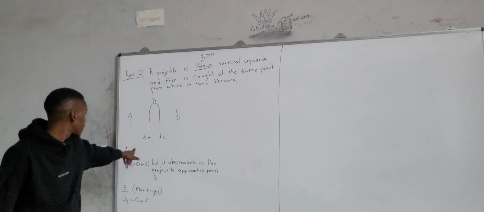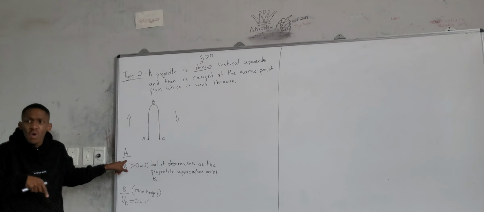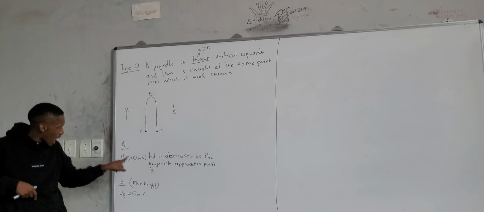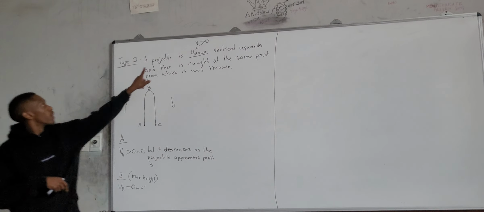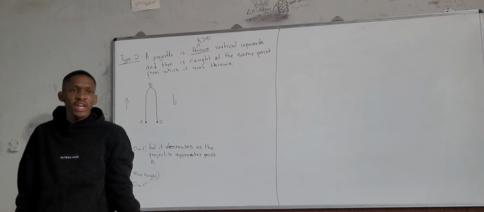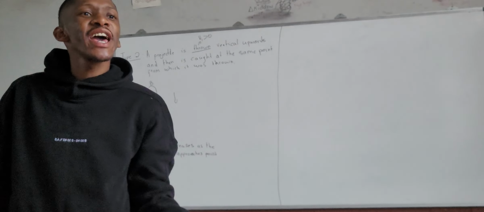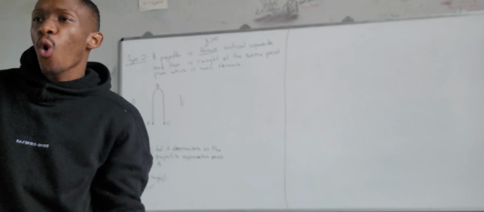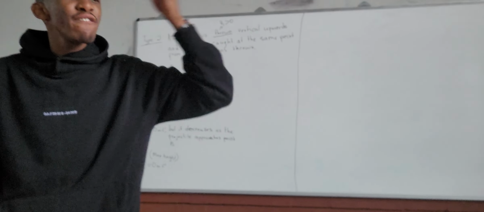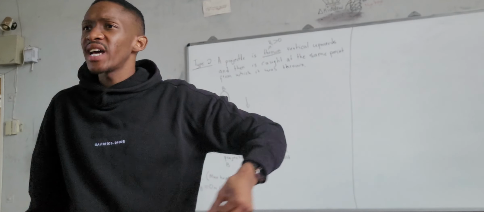At point A, we know that the velocity is greater than 0. How do we know that? Because an object cannot go up without being given a velocity which is greater than 0.